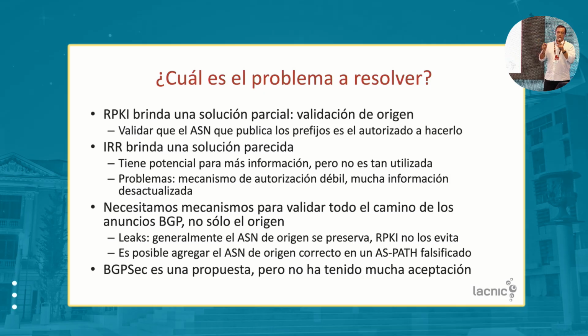because if there is a route leak, the autonomous system of origin remains the same, but it goes through an autonomous system that should not be used. And if someone wishes to use a wrong origin, RPKI can be used for error configurations, but if you wish to do an explicit attack, they can also do so.